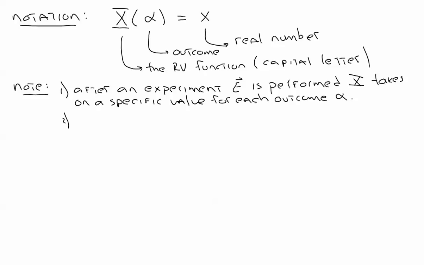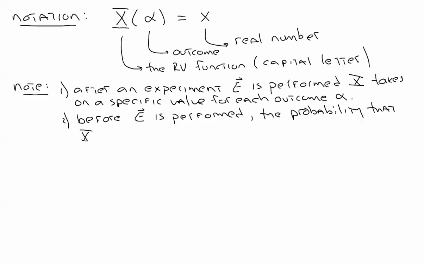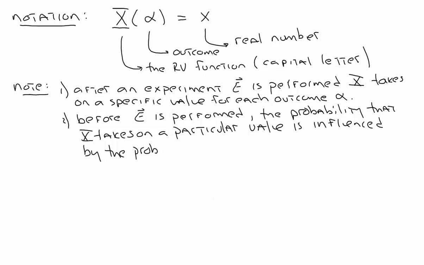However, before the experiment is performed, the probability that the random variable takes on a specific value is determined by, or is influenced by, the probability of the various outcomes.